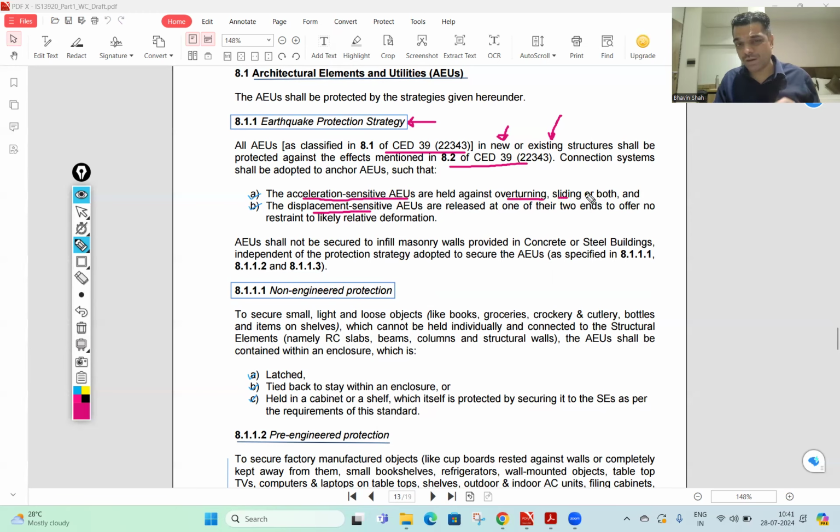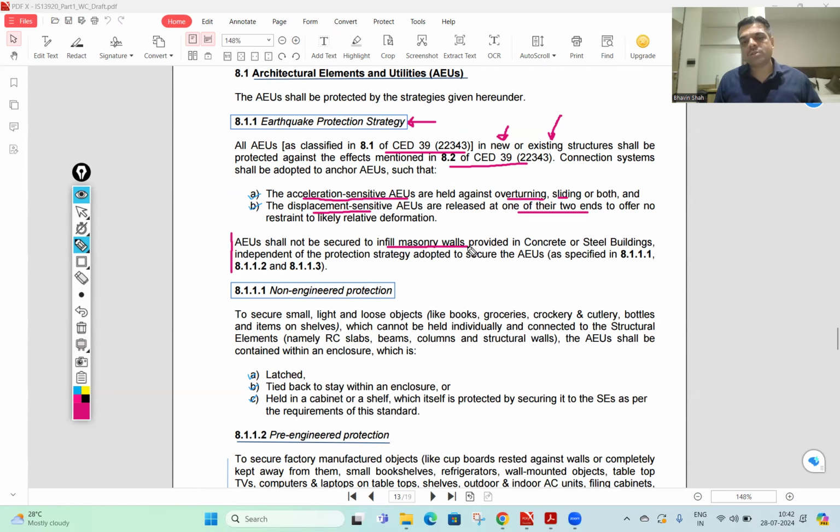And if those are displacement sensitive AEUs, then they are released at one of their two ends to offer no restraint to likely relative deformation. And it says that the AEUs shall not be secured to the infill masonry walls provided in concrete or steel buildings.